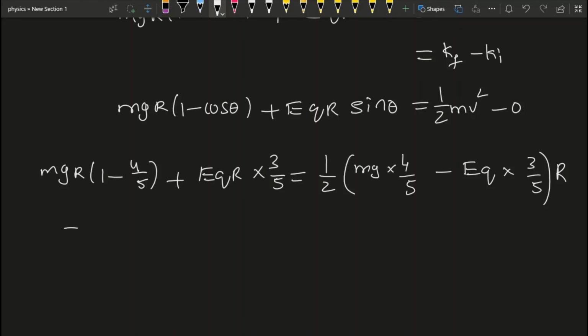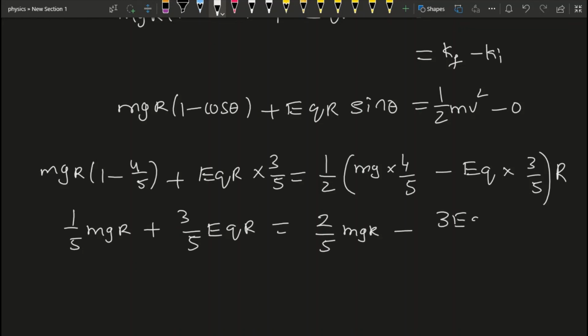This is 1 by 5 into mgR plus 3 by 5 into EQR is equal to 2 by 5 mgR minus 3 EQR divided by 2 into 5.